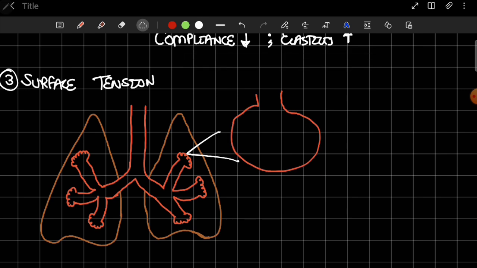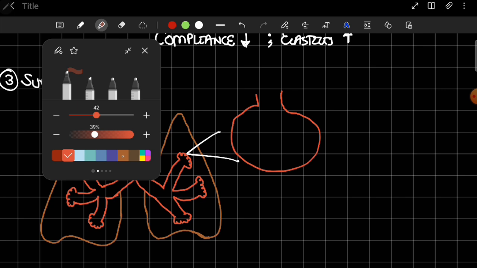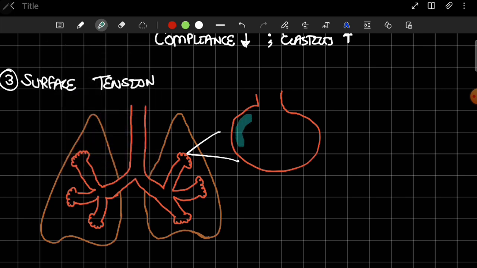We have magnified this alveoli. There is a fluid layer in the alveoli for gaseous exchange, as we have seen in the respiratory membrane. So what is this fluid layer about? It is about gaseous exchange. Gaseous exchange is occurring here.